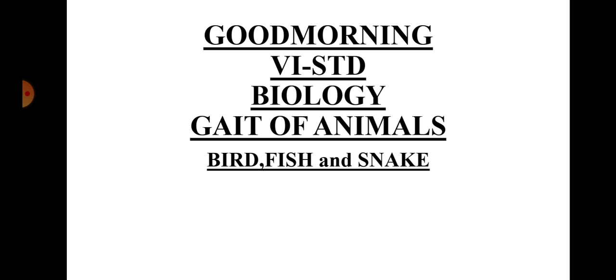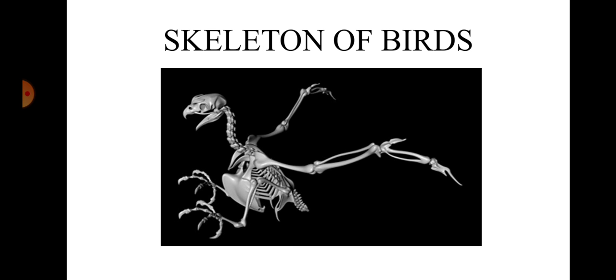Okay. Today we go to 3 new animals' locomotion. The first one, birds. Most of the birds have 2 kinds of locomotion. One is walking and another one is flying.